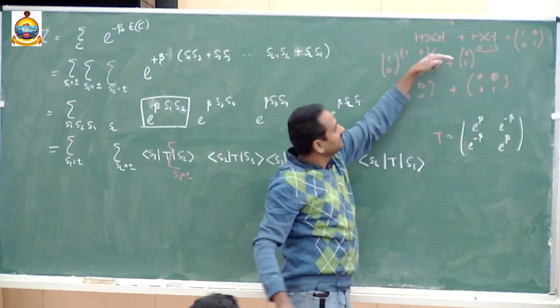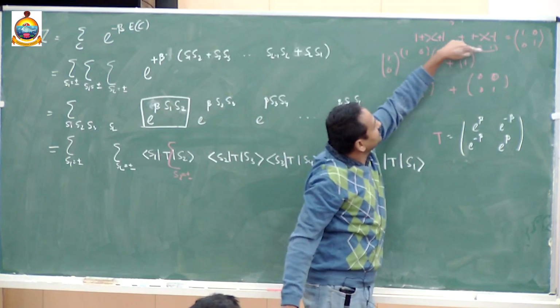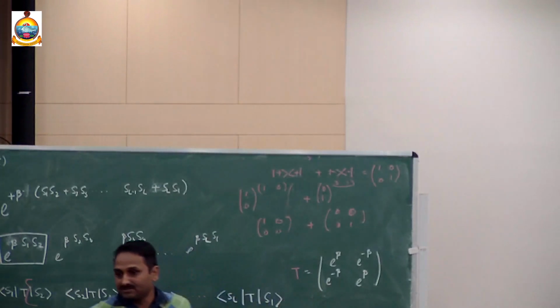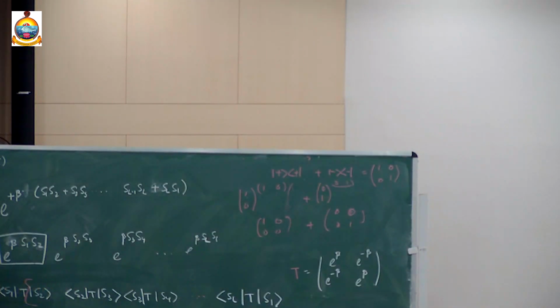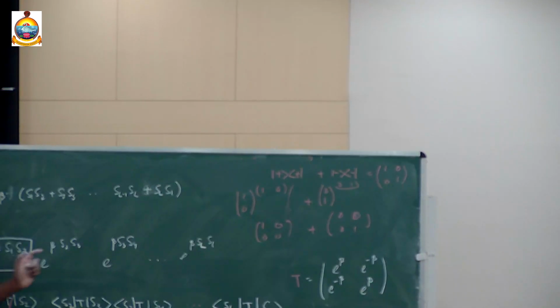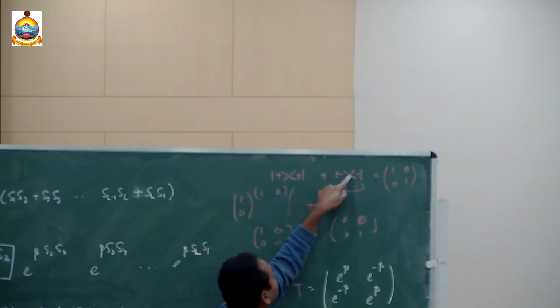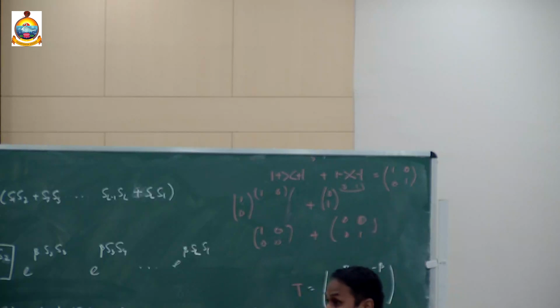You add them: that's the identity matrix. That's the general property of the vector space, so you have this completeness relation: plus plus plus minus minus is this matrix plus that matrix, which is identity. So this one can be erased totally, and it can be said identity.